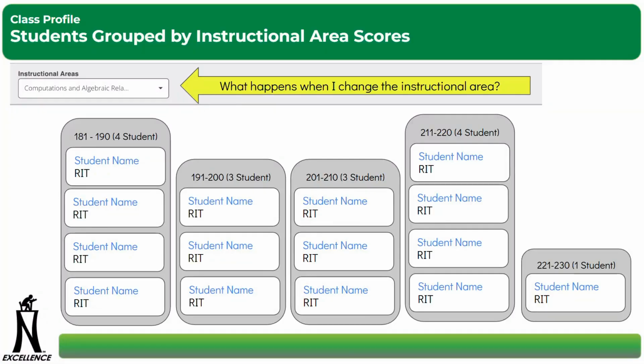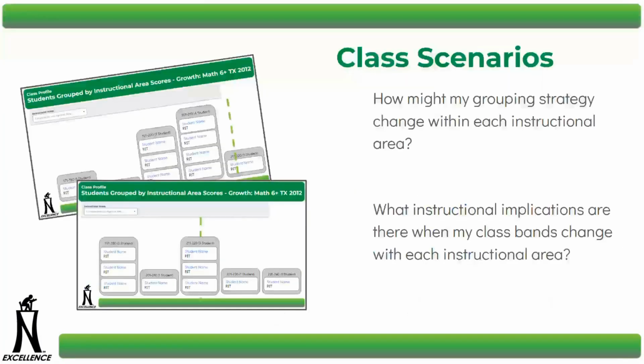Now, what happens when I change the instructional area? As you notice here, I have students spread out across the RIT bands. When you change your instructional area, your students are going to shift depending on how they scored in that instructional area. For class scenarios, how might your grouping strategy change with each instructional area?